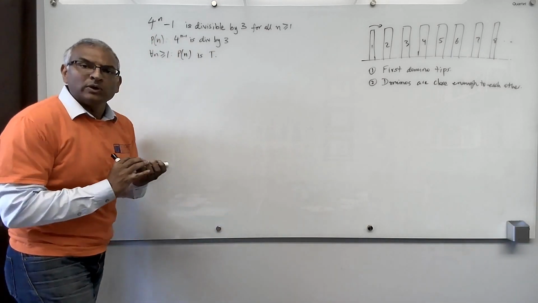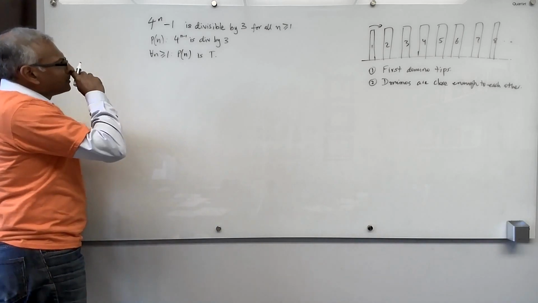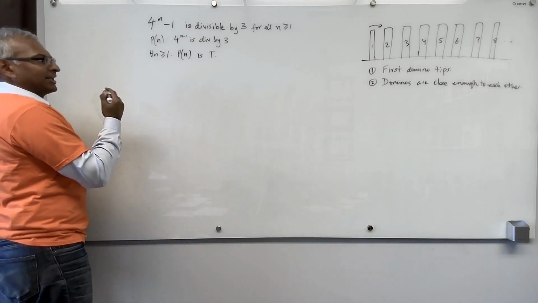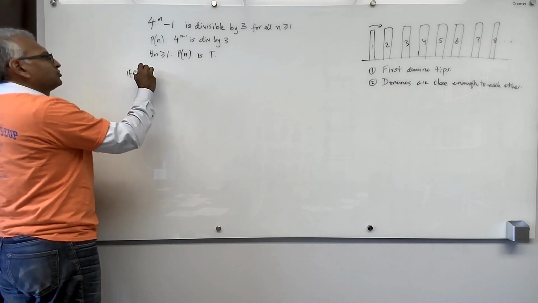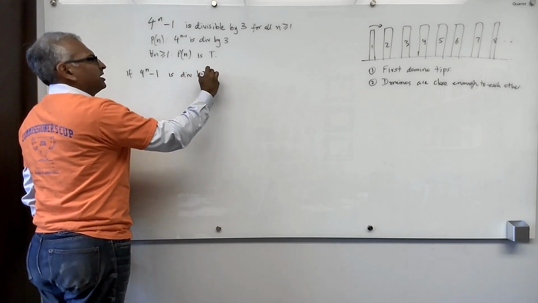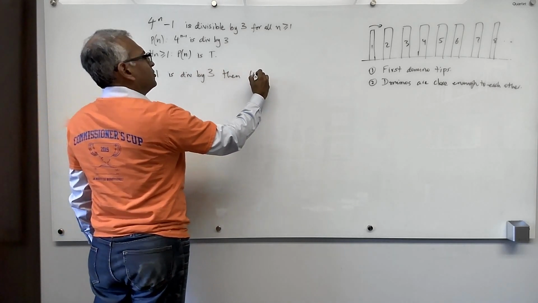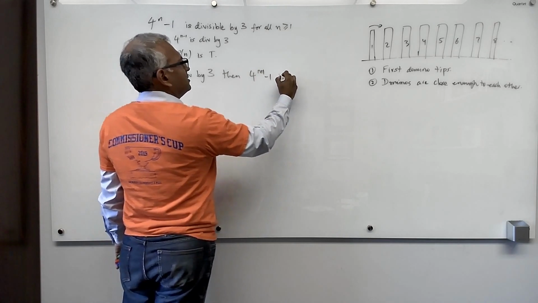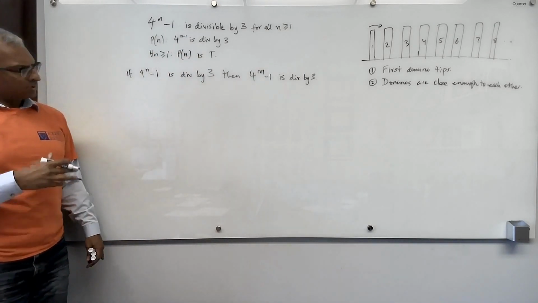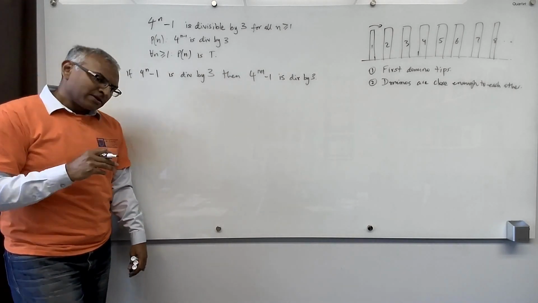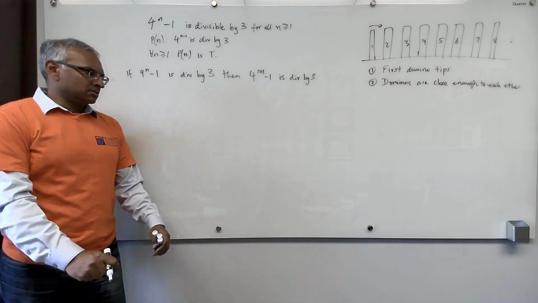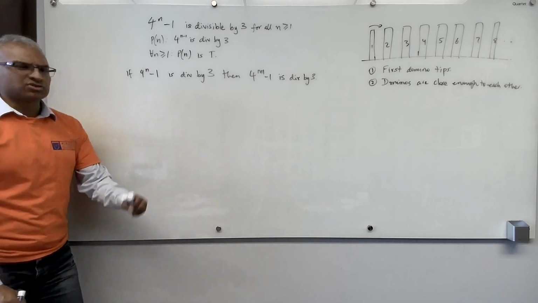So let me show you how that works. Last lecture, you should have proved the following claim: if 4 to the n minus 1 is divisible by 3, then 4 to the n plus 1 minus 1 is divisible by 3. Now, if you didn't prove this, don't worry. We'll quickly prove this later on. But hopefully, you exercised your muscles in direct proof and actually proved this.